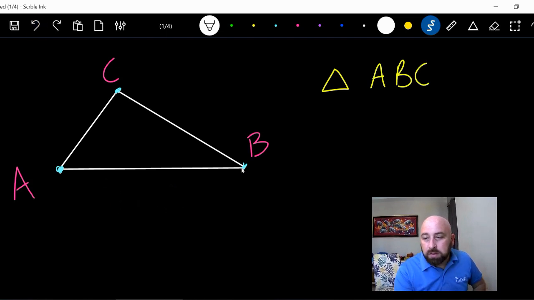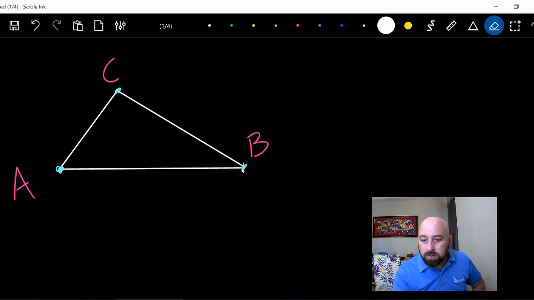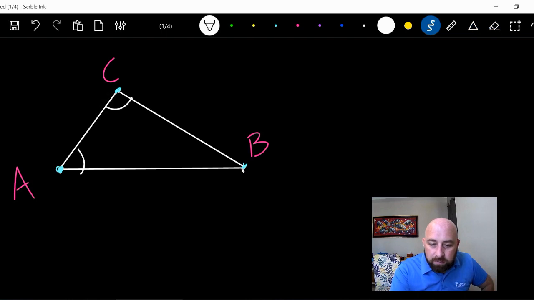Let me erase this real quick, and let's talk about a couple other parts of the triangle. One part that we don't mention very much is these angles right here.